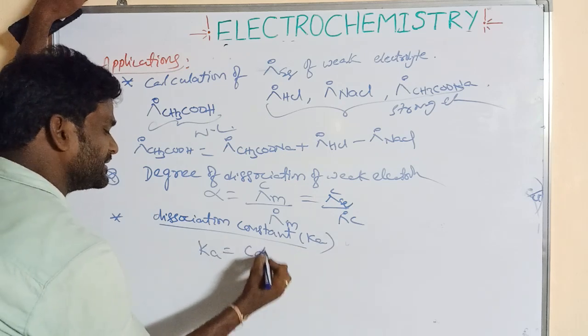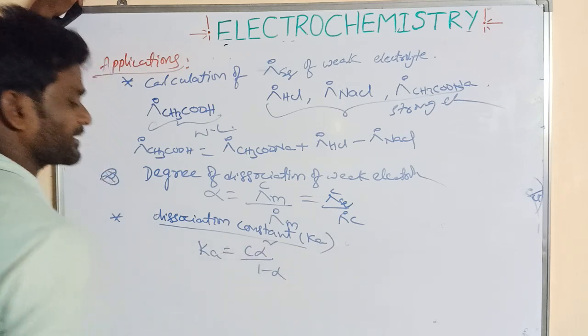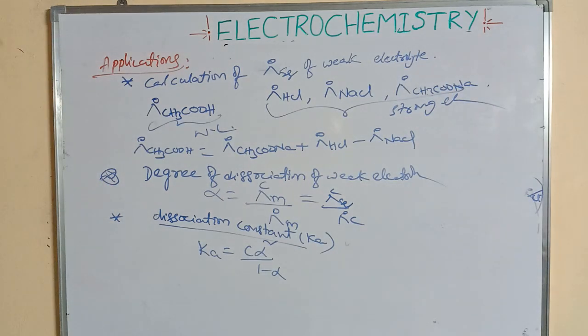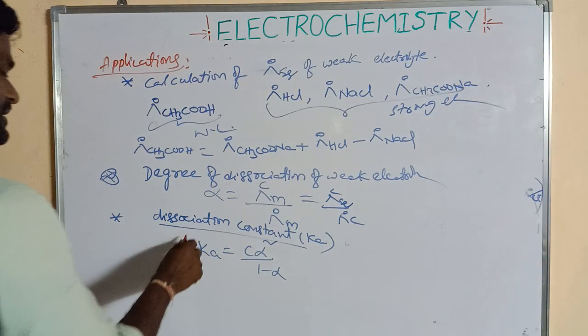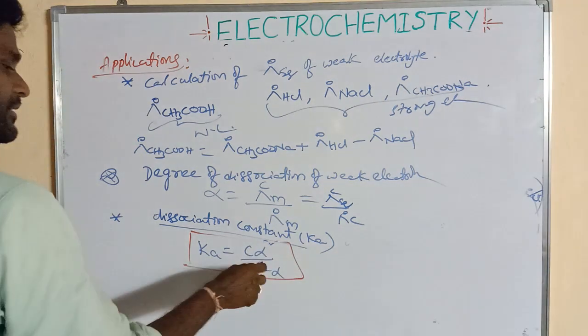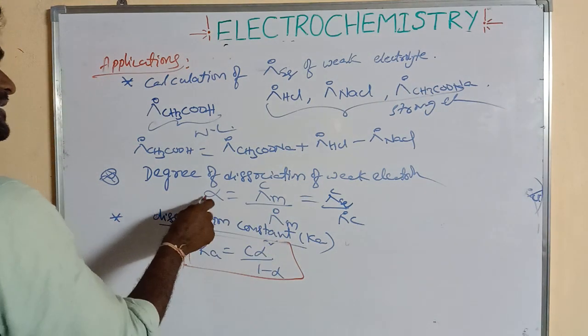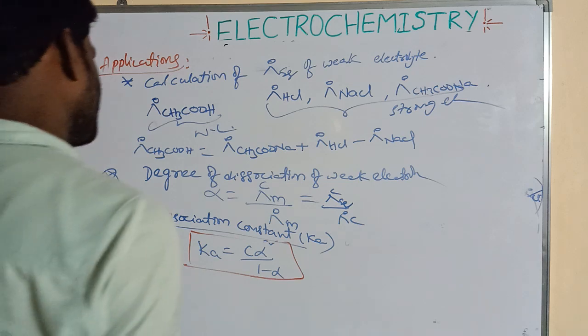Ka is equal to Cα² by 1 minus α, where C is the concentration and α is the degree of dissociation.